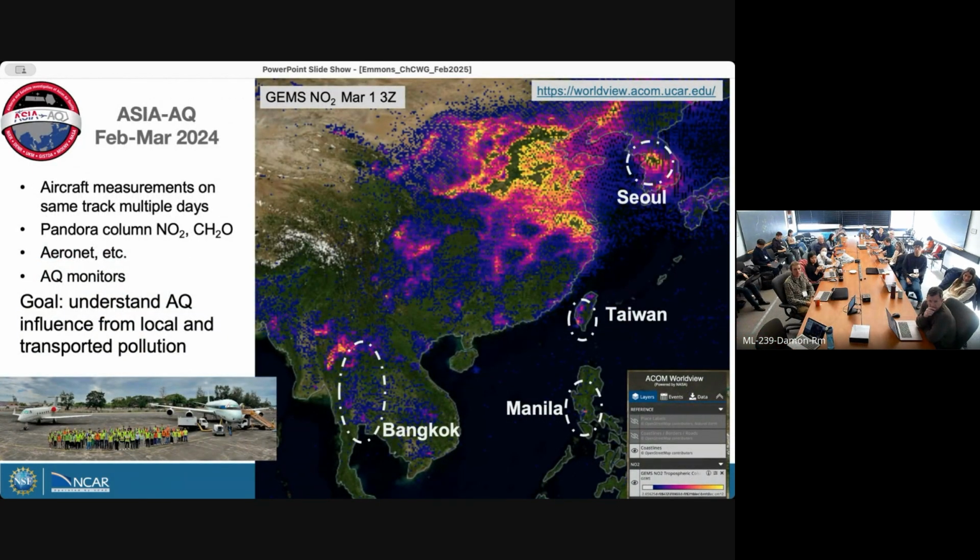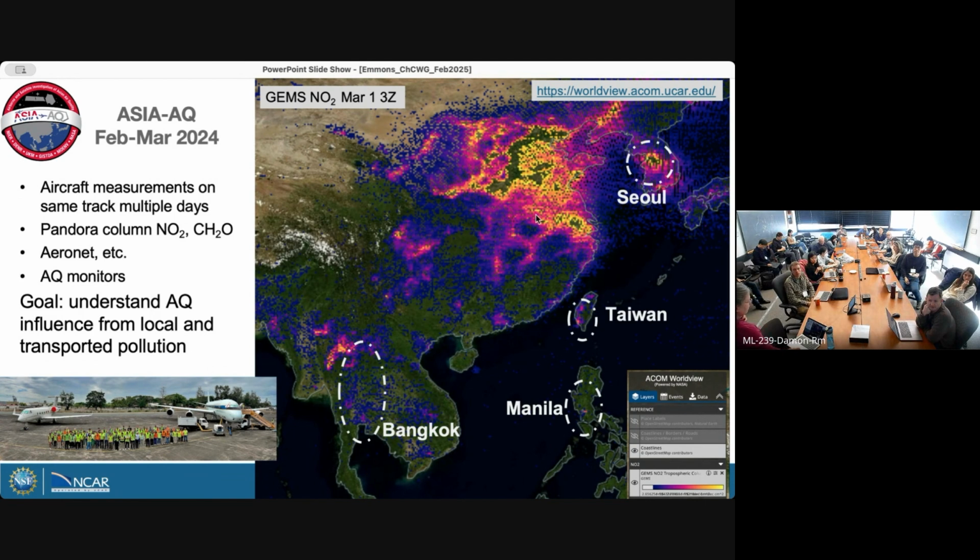So I'll move on to some of the work that we're doing right now, to analyze a field campaign from last spring, just about a year ago, called Asia AQ, led by NASA. It was designed to provide validation and science related to the geostationary satellite GEMS over Asia.